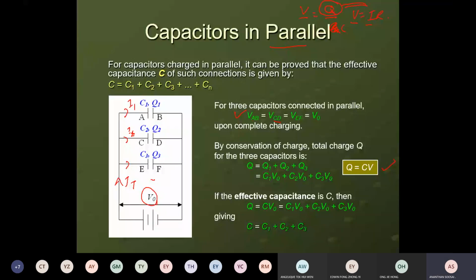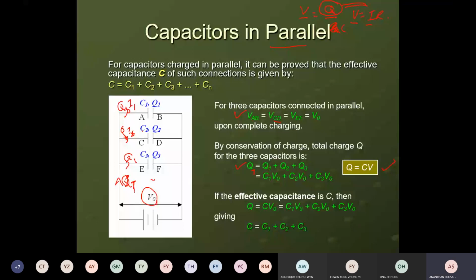So you imagine the charge the same way. The total charge equals Q1, Q2, and Q3, split. That's why the second equation arises: Q total equals Q1 plus Q2 plus Q3, same as current in parallel.